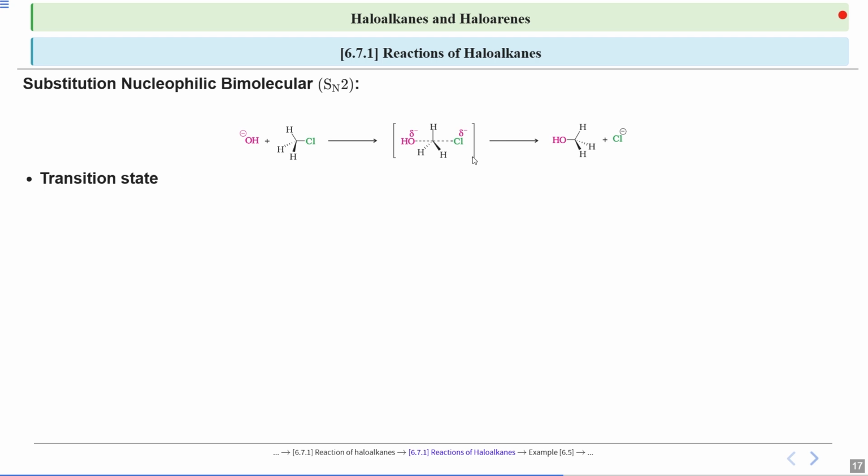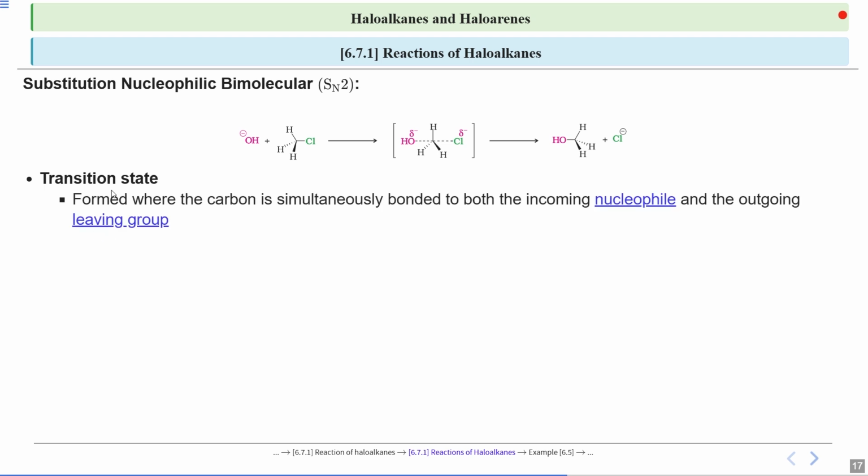So this is the reaction for SN2 as we have seen. Let's talk about the transition state, the state enclosed in this square bracket. The transition state is formed where carbon is simultaneously bonded to both the incoming nucleophile, here the hydroxyl group, and the outgoing leaving group, here the chloride ion.